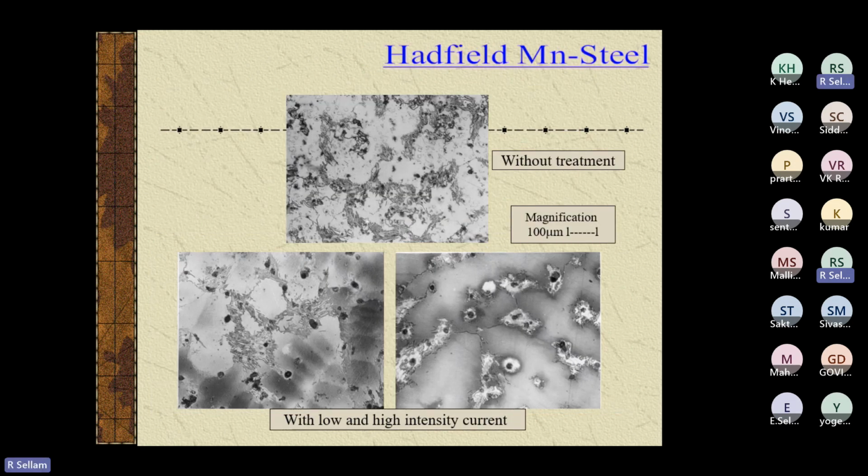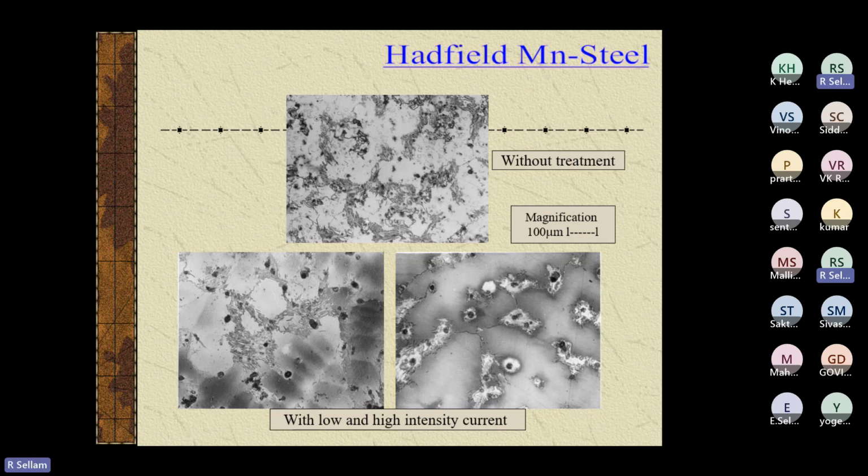In the case of Hadfield manganese steel, the problem is the formation of carbides. Those carbides contain 12% manganese and 1.1 to 2% carbon.